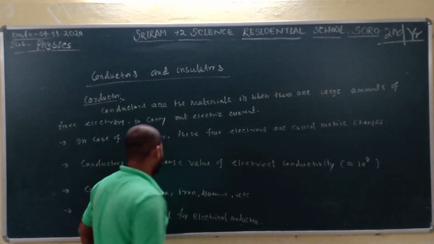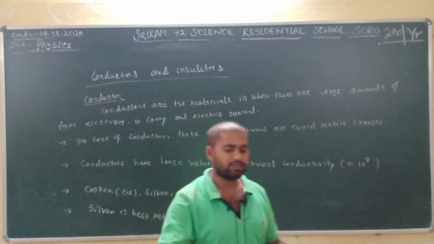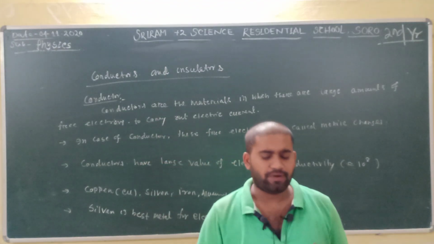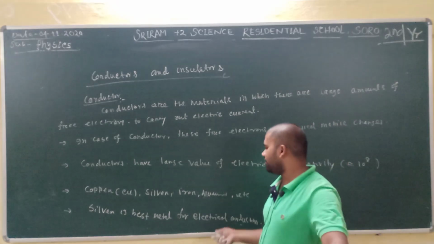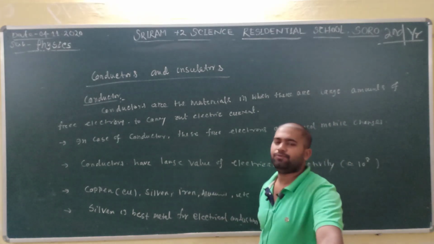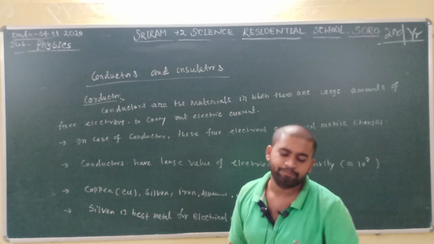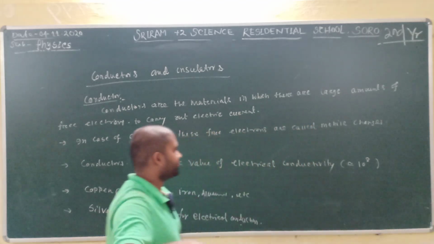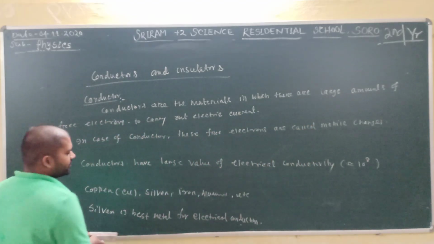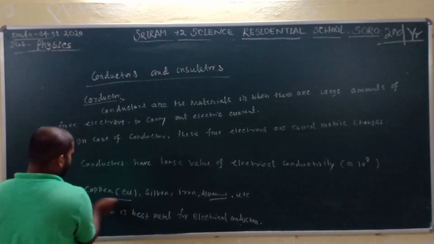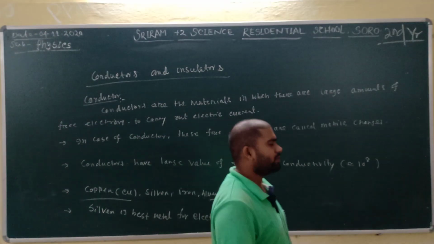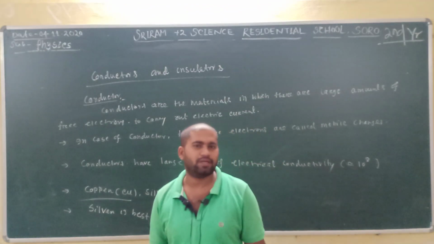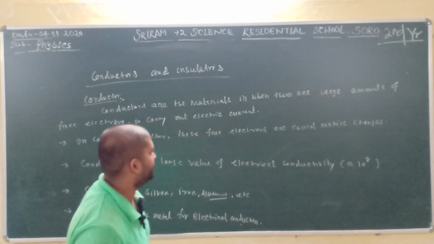Widely used are aluminum and copper. Their price is cheap, so that's why we use these materials for the electrical conduction property.